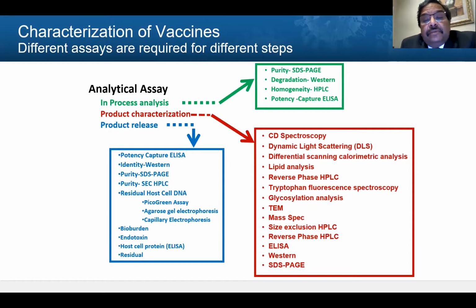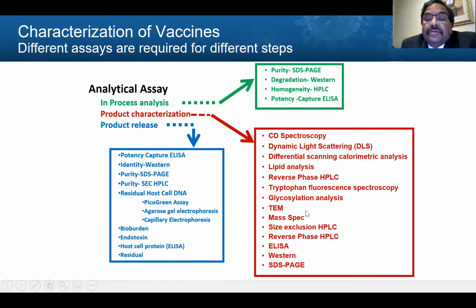Then comes the second main part, the characterization of vaccines. First we do the immunological characterization, based on ELISA and Western blot. Then we do purity by SDS-PAGE, size exclusion, reverse phase, and mass spec.